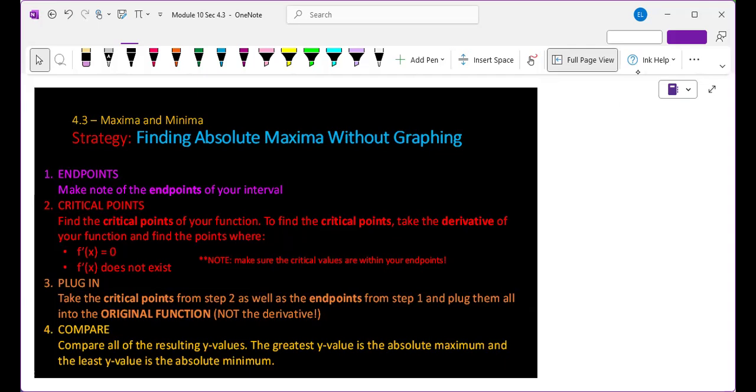So all of our suspect X values, we take each one, go back to the original function, plug it in, crunch the numbers, and we look at the Y values, and then it's literally just, who's the biggest? You're the max. Who's the smallest? You're the min.